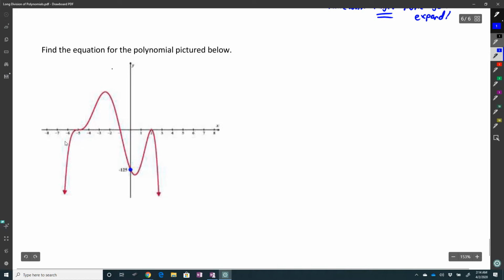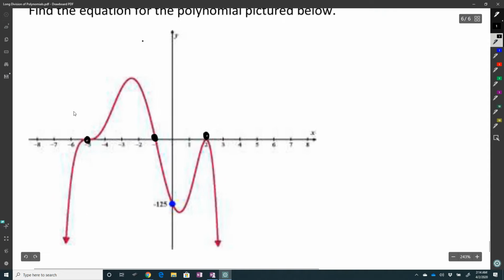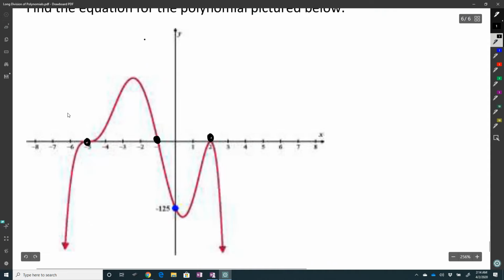Okay, so looking at this problem, we can see that I have x-intercepts. I know it's a little blurry. So here there's an x-intercept, but you have to notice what it does. Notice that this touches the graph. Notice that this one here, it crosses, but as a straight line.